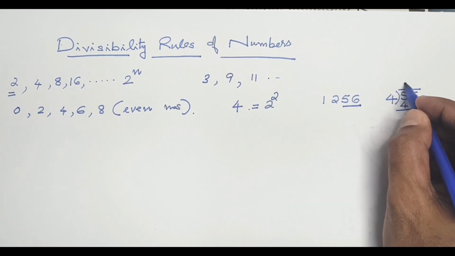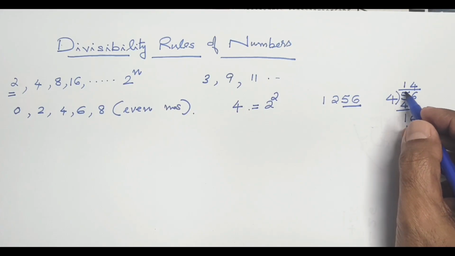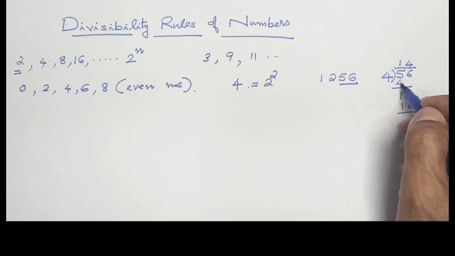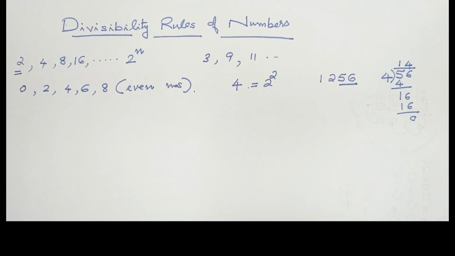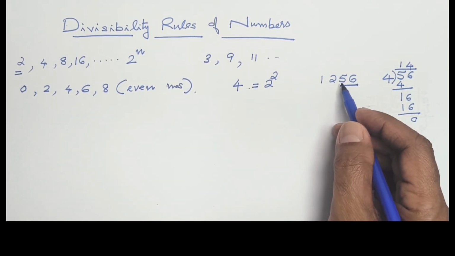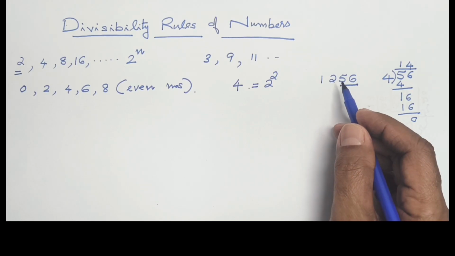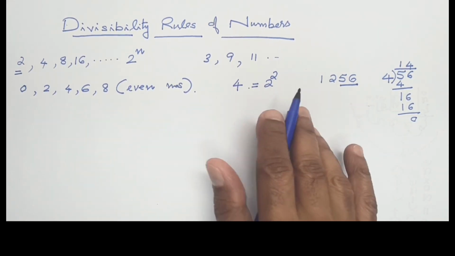While checking whether a number is divisible, don't waste your time writing the quotient. You go like this. And as you can see, 56 is clearly divisible. That implies this number is divisible by 4. So that is the rule of finding out whether a number is divisible by 4. Take the last 2 digits, divide it by 4. If that part is divisible, then the whole number is divisible by 4.